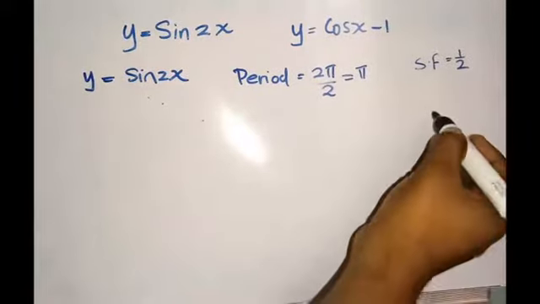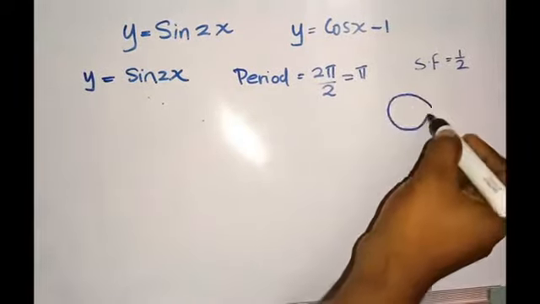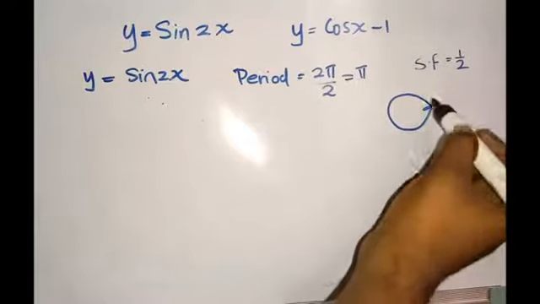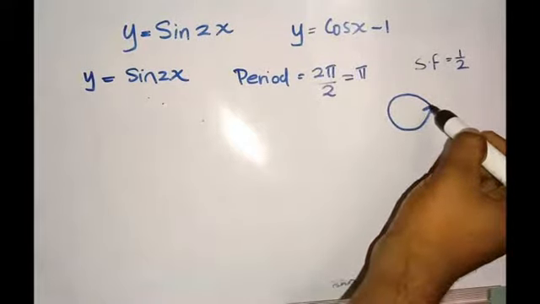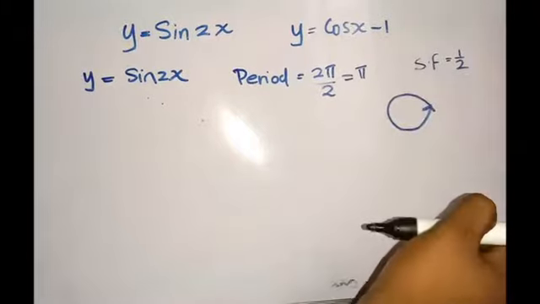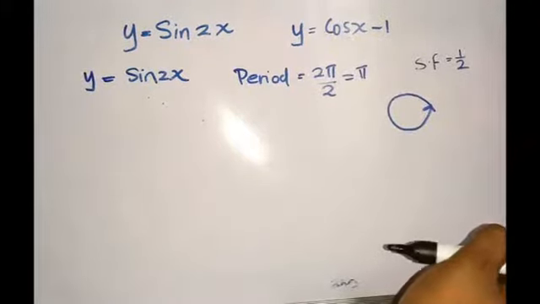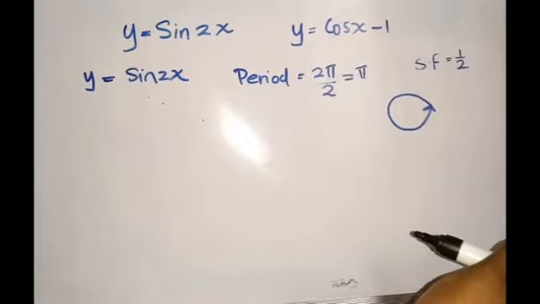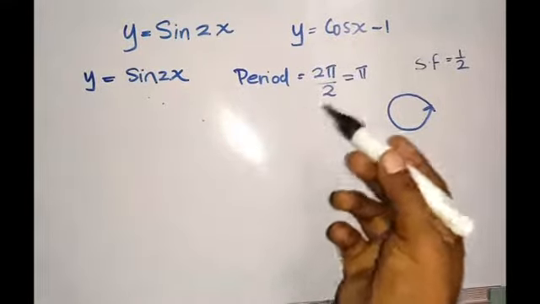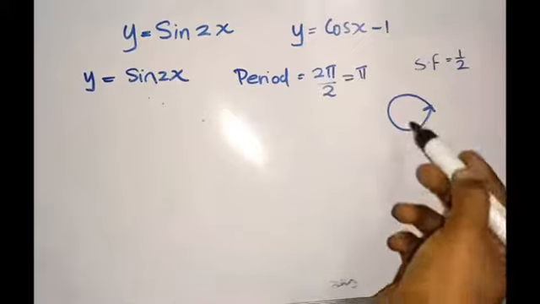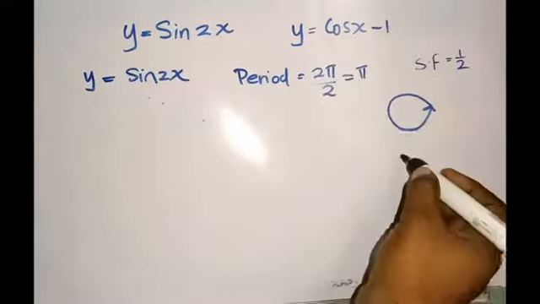That means one complete graph, or mathematically one complete rotation, makes pi radian. Normally a complete rotation makes 2 pi radian, but as there is a stretch factor here, we can say a complete rotation makes pi radian.